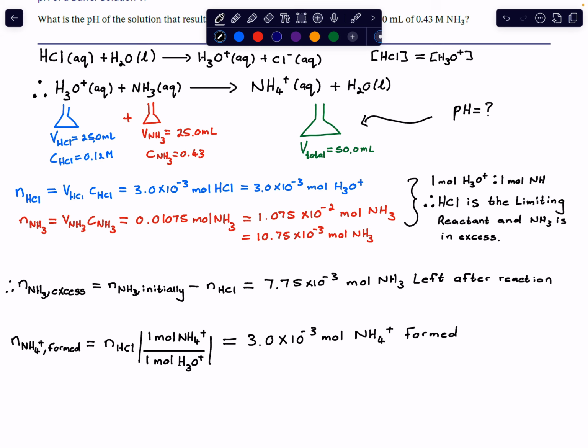Alright, so what does this solution contain? It contains 7.75 times 10 to the negative 3 mole of ammonia, which is left after the reaction. And we also formed ammonium during the reaction. So what do we call a solution when there is the base as well as the conjugate acid? What is NH3 and NH4's relationship? They differ by 1 proton. We have the base and its conjugate acid, both in significant amounts. We of course call that a buffer solution.